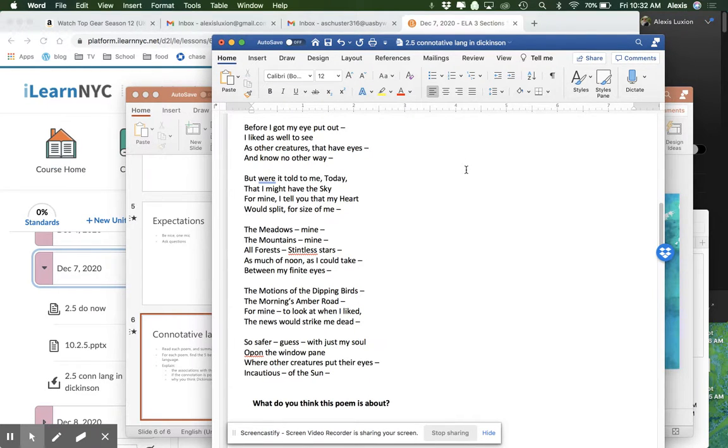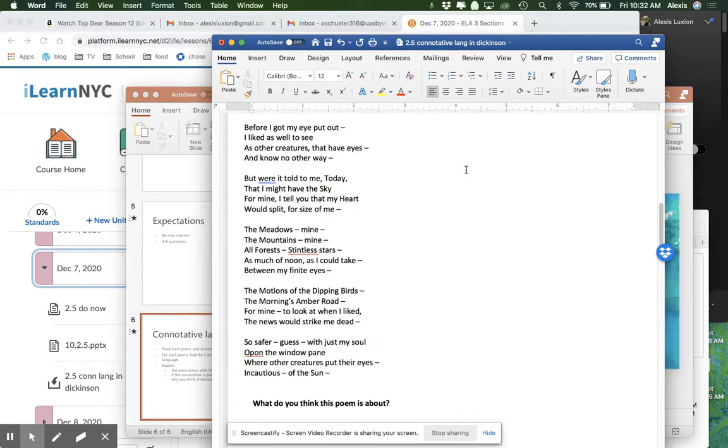Before I got my eye put out, I liked as well to see as other creatures that have eyes and know no other way. But were it told to me today that I might have the sky for mine, I tell you that my heart would split for the size of me. The meadows mine, the mountains mine, all forests, stintless stars, as much of noon as I could take between my finite eyes.